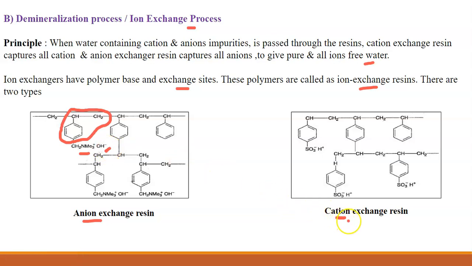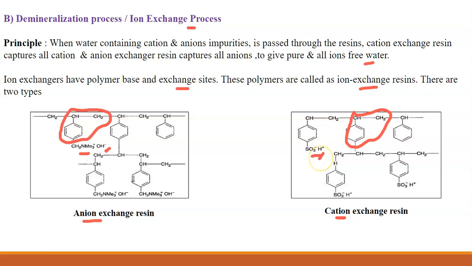Whereas in the cation exchange resin, the backbone is again of the polystyrene group, but at the side chains it has a sulfonic acid group, which has H plus ions that will be exchanged with the cations, the positively charged ions present in water.